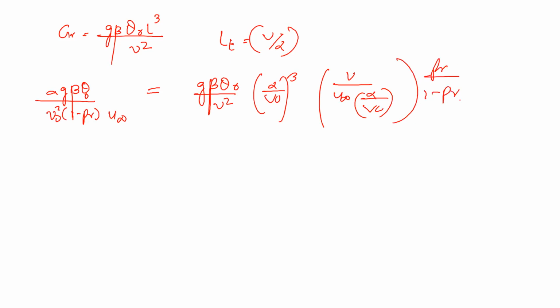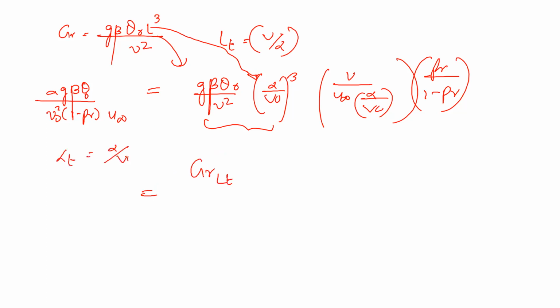So what is the advantage of this? If you rearrange, this is similar to Grashof, but the L scale is this value. That can be written as Gr_LT, where L_T equals alpha by V0, which has units in meters. And what is this thing? It is V by U infinity into L. What is that actually?